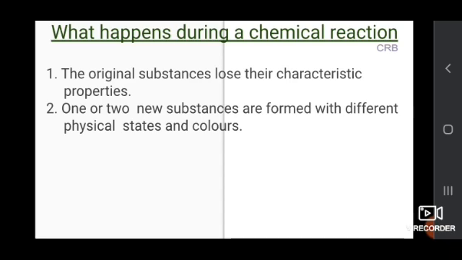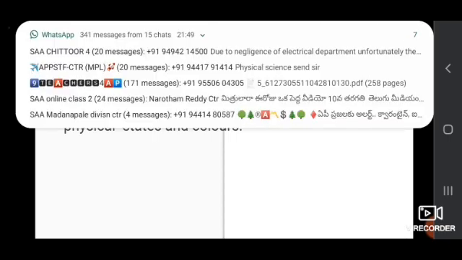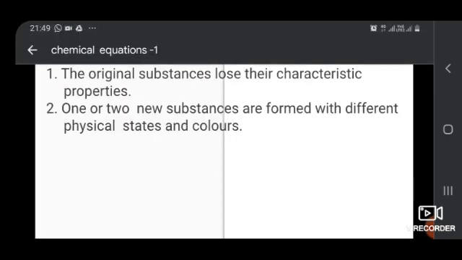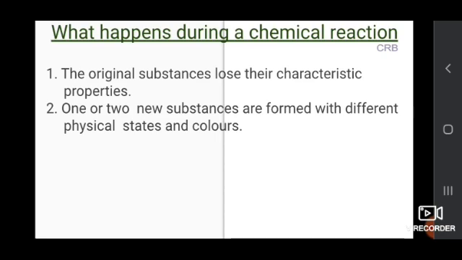Next, one or two new substances are formed with different physical states and colors. So in a chemical reaction, one or two new substances are formed with different physical states and colors.